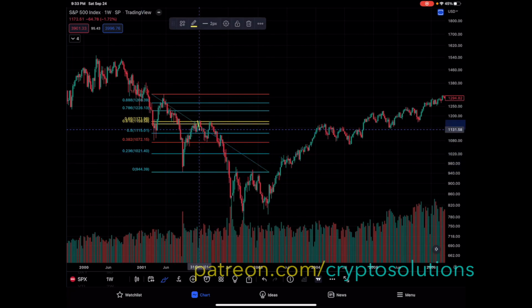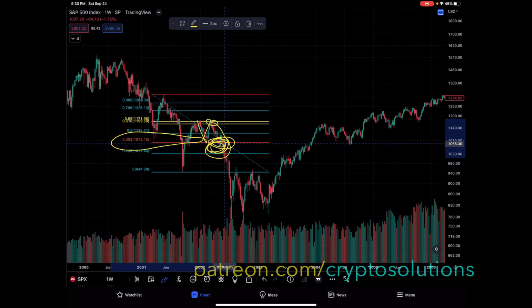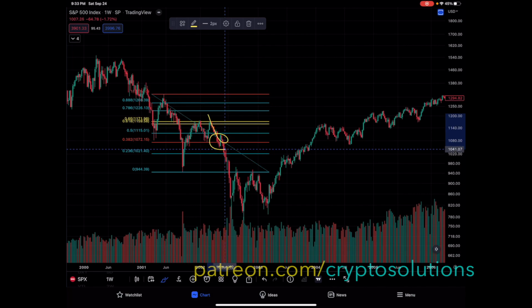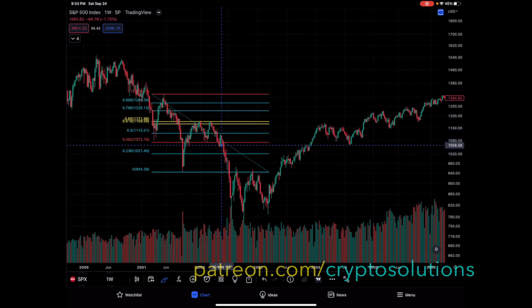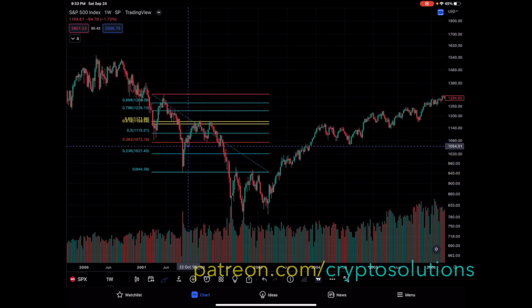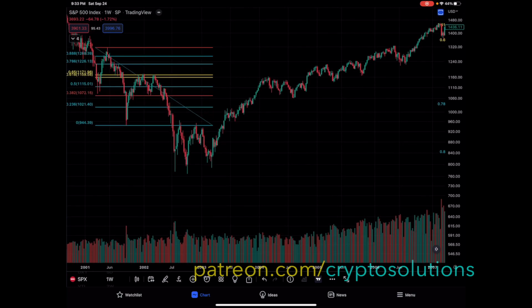You can see right there, bounce around this level, another rejection, and as soon as it closed a weekly body candle close below that 0.382, that signal, like I mentioned before, the dead cat bounce scenario almost guaranteed to happen, and boom, lower low than this one. Exactly there. So that would be the third dead cat bounce.